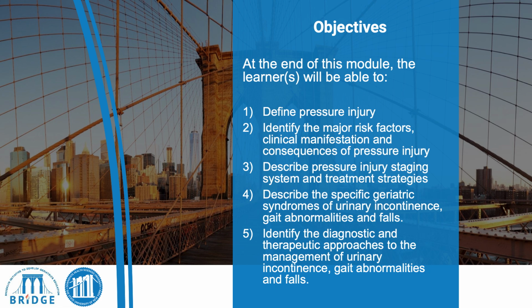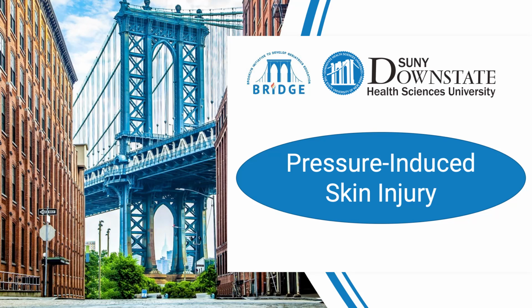Describe the specific geriatric syndromes of urinary incontinence, gait abnormalities, and falls. And finally, the learner should be able to identify the diagnostic and therapeutic approaches to the management of urinary incontinence, gait abnormalities, and falls.